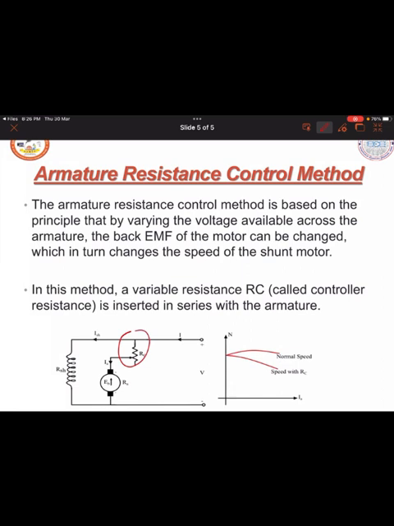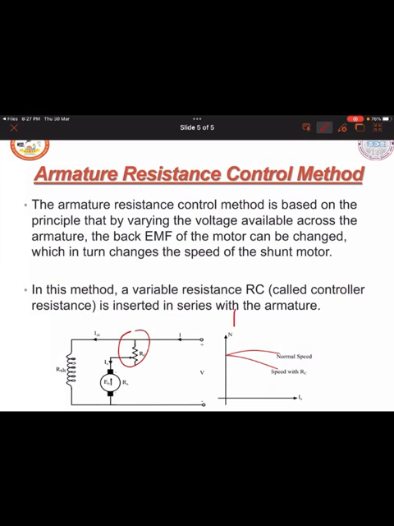If you go with the disadvantages, as the entire armature current passes through the external resistance, there will be tremendous power loss. Whenever the armature current passes through the external resistance, there will be more I square R loss.